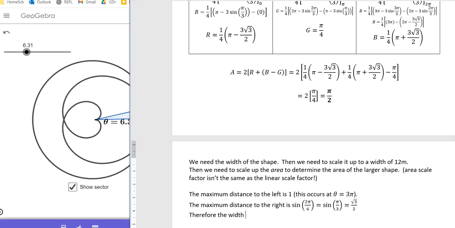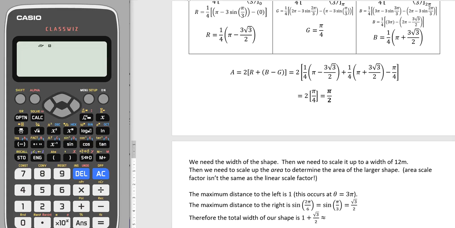Therefore, the total width of our shape is 1 plus root 3 over 2. And roughly speaking, we can double check with the calculator. 1 plus root 3 is this, divided by 2 is 1.3 something. So we've got a rough idea of what we're dealing with, 1.366.